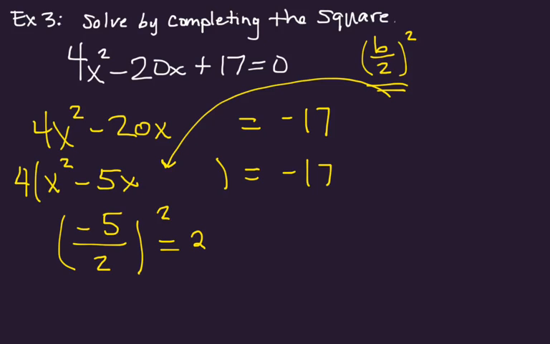So what's 5 over 2 squared? 25 fourths. My point is this. Calculators are useful, definitely. But there are times where you think the calculator helps you more, but it actually causes more problems than it does solutions. If I square 5 over 2 as a fraction, it's 5 squared, that's 25, and 2 squared, that's 4.